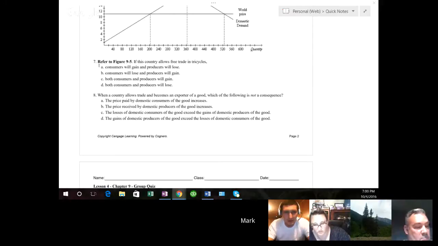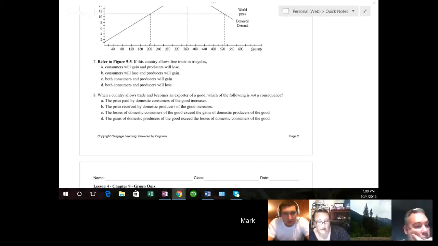But the losses of a domestic consumer of a good exceeds the gains of a domestic producer of the goods. Therefore, I think it's any trade at all. That's how I flipped through the books and pages, and from what I could understand, C is what I came up with.